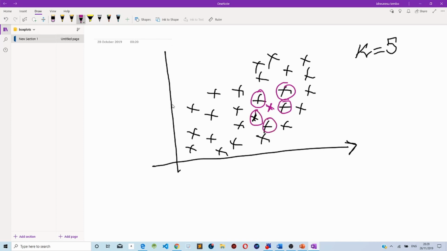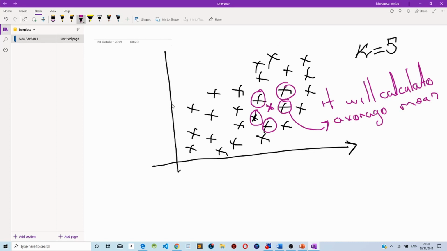What the k nearest neighbor will do in terms of the regression problem is calculate the average mean of all the nearest neighbors.